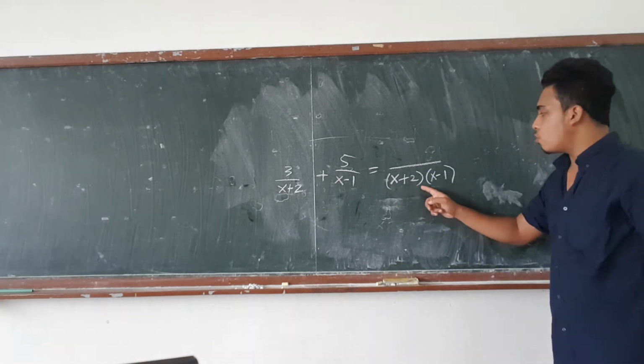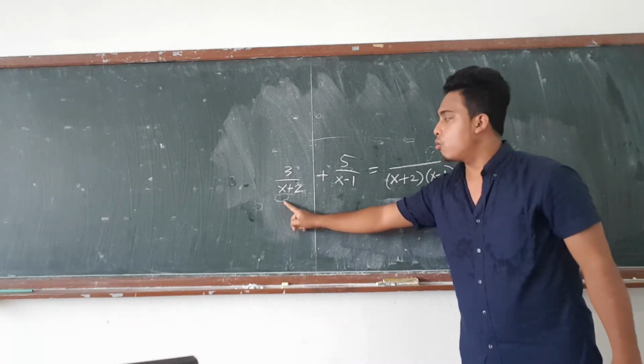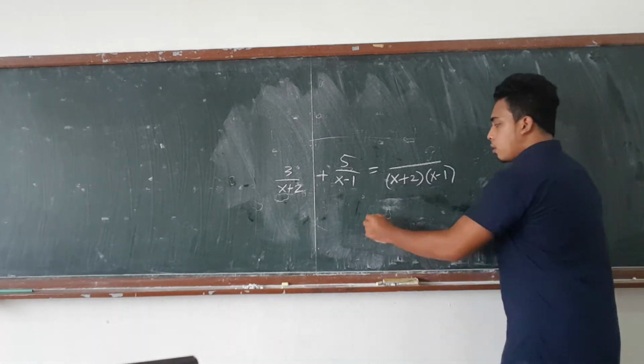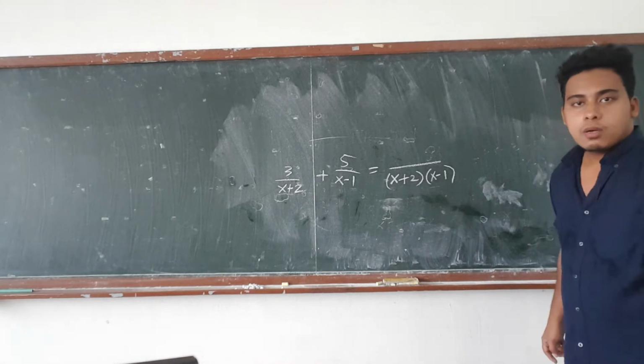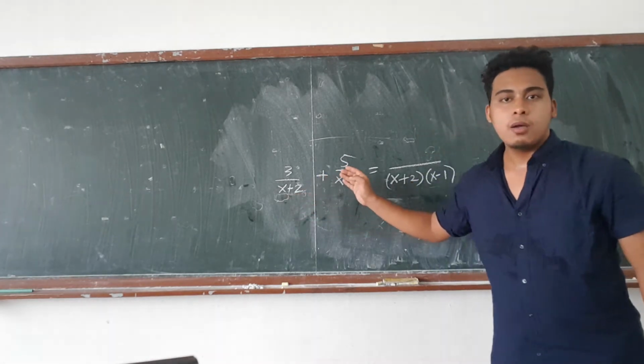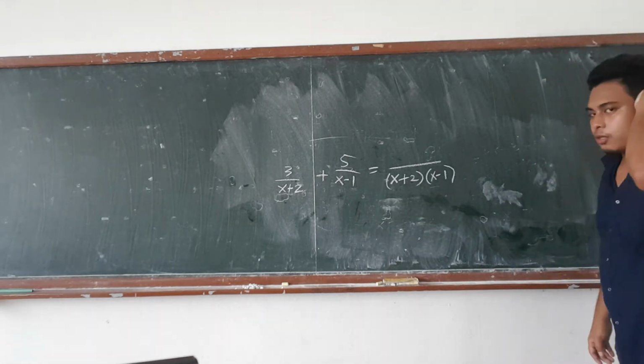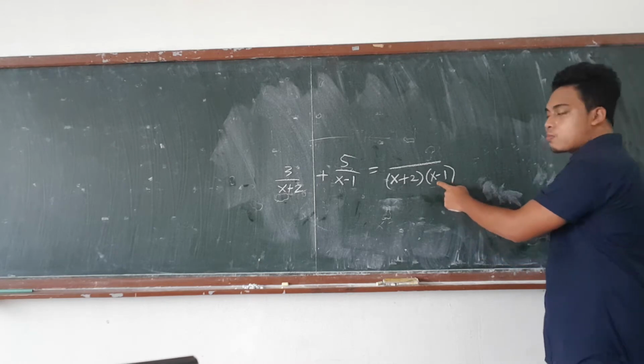So x plus 2 times x minus 1 divided by x plus 2, that is equal to x minus 1. Why? Because x plus 2 and x plus 2 cancel. So x plus 2 times x minus 1 divided by x plus 2 is x minus 1.